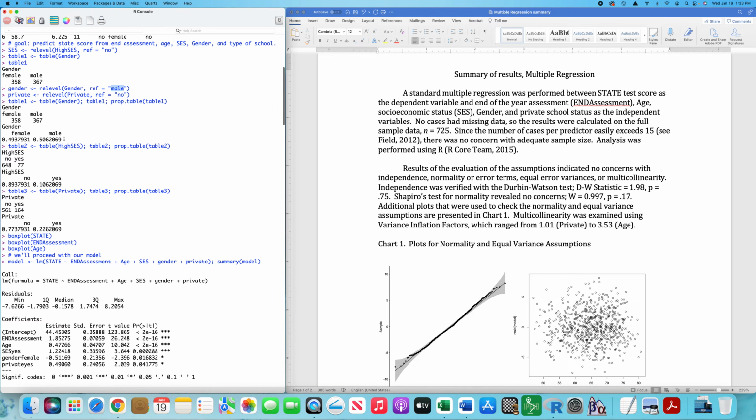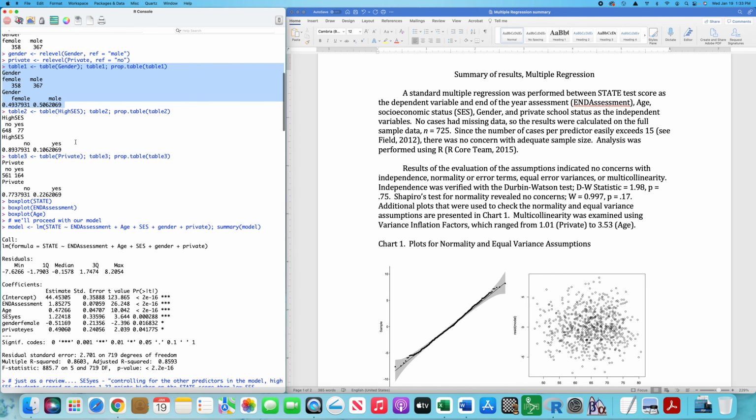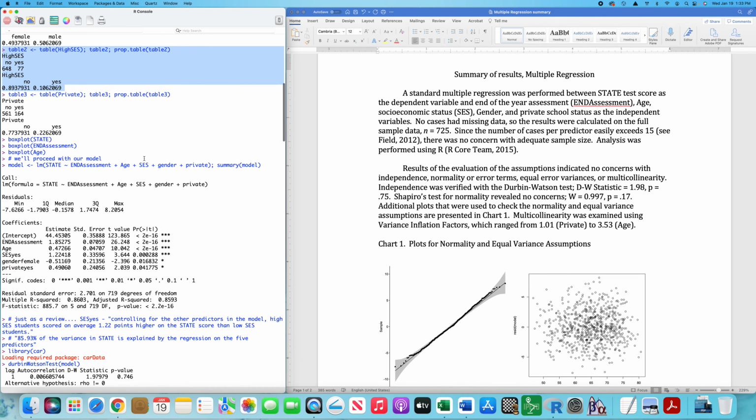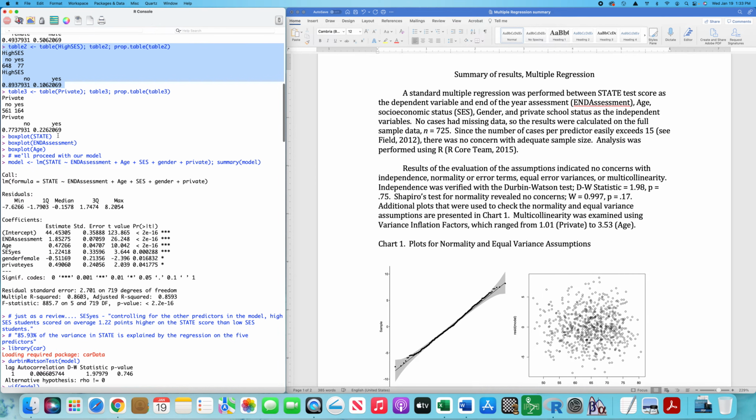Next thing I did is I wanted to present the count and the percentages. So I ran it for gender, ran it again for SES, and ran it again for private school. Next thing I did is I ran a box plot for state and a box plot for end assessment. I believe there was one outlier for end assessment, but I didn't concern myself too much with that.